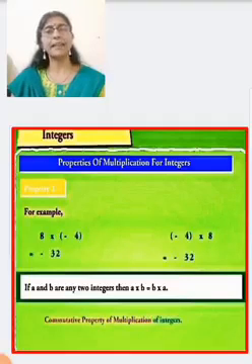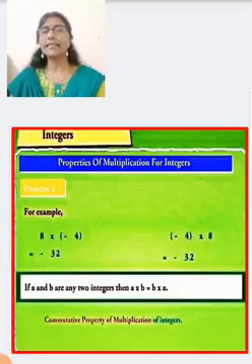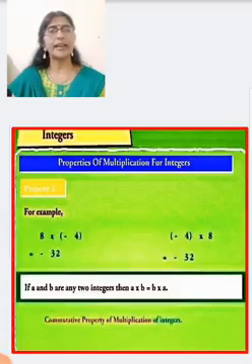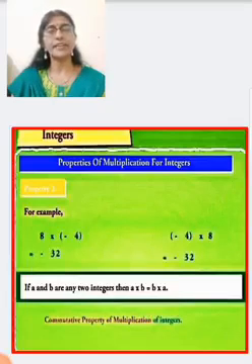When we multiply 8 by minus 4, we get plus multiplied by minus. Already you have learned this in operations of integers. Plus multiplied by minus is minus. So minus, and 8 4s are 32. So you will get negative 32.